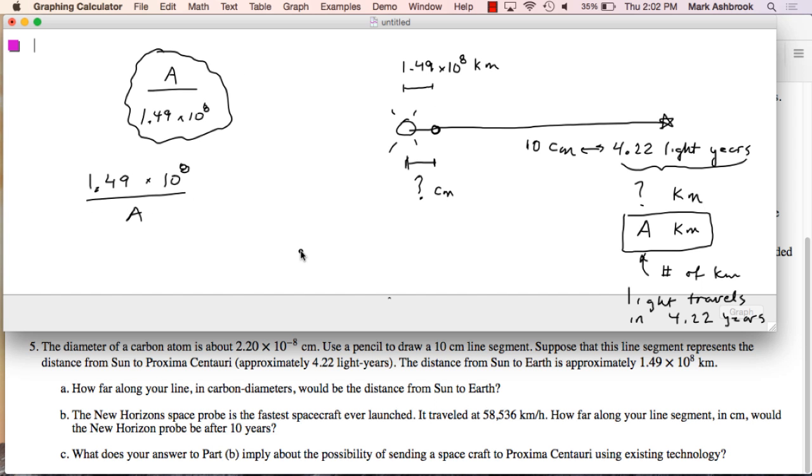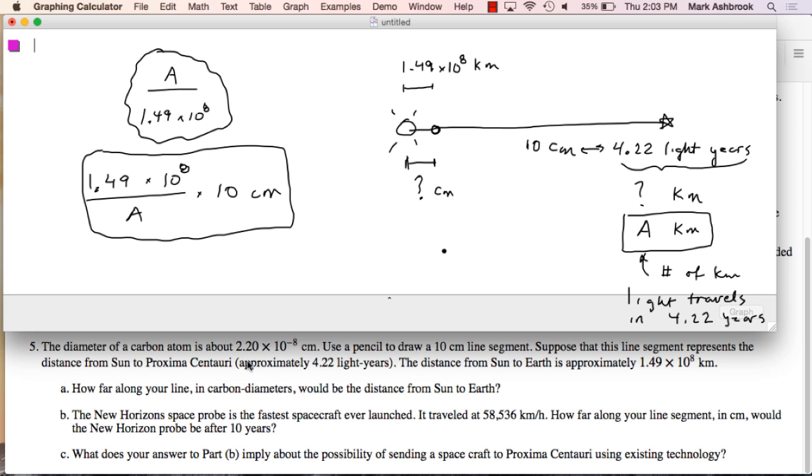That's the fraction that the sun to Earth distance is of the distance from the sun to the nearest star. I like that better. Then we multiply that fraction by 10 to get that fraction of 10 centimeters. That will give us how many centimeters it is along our line from sun to Earth.